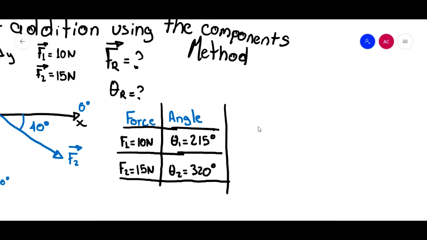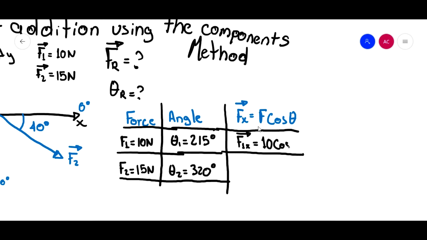So the next column will be Fx. The x component of the force equals the magnitude of the force times the cosine of the angle. Okay, so let's find it. The x component of force 1 equals the magnitude times the cosine of 215.